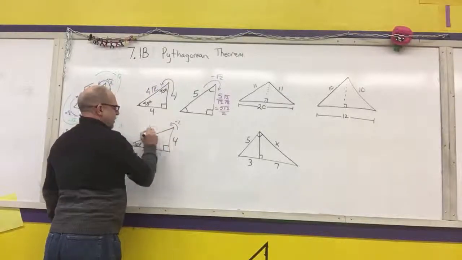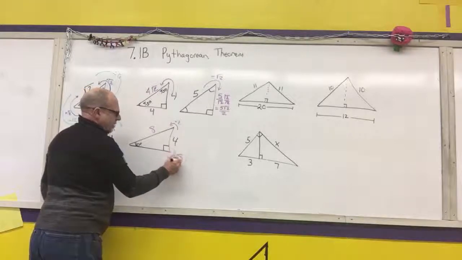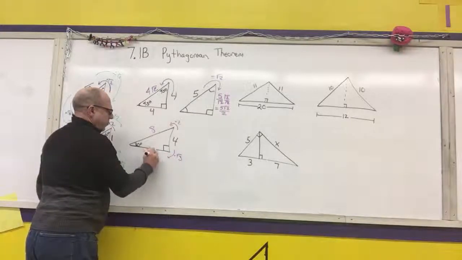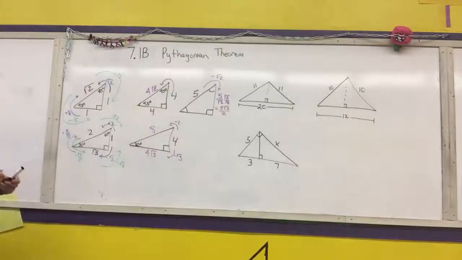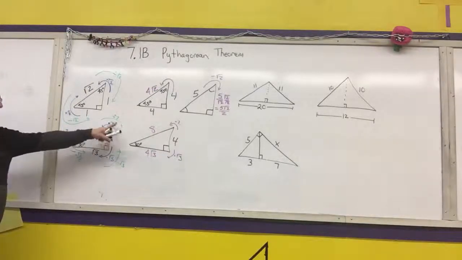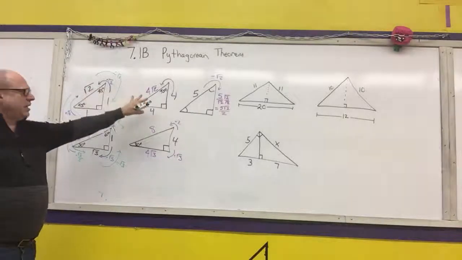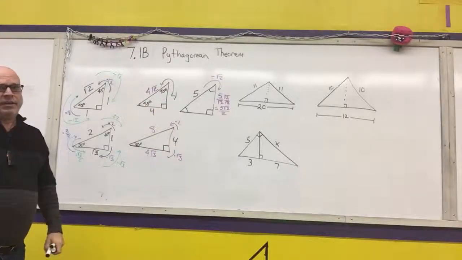It's going to be 8. To get to the long side, I multiply by the square root of 3, and I end up with 4 root 3. And you can use the operations in reverse, instead of multiplying, dividing to get from other pieces on those triangles. So that's how you use the 30, 60, 90 and the 45, 45, 90 triangles.